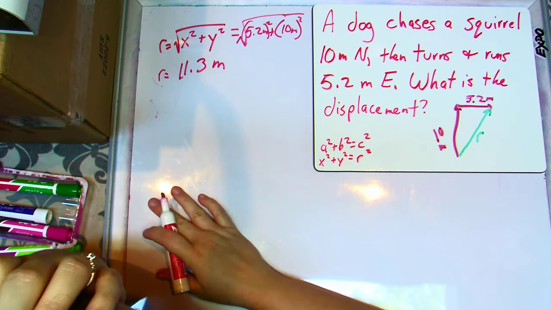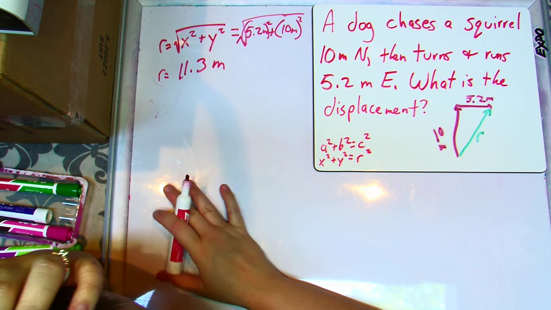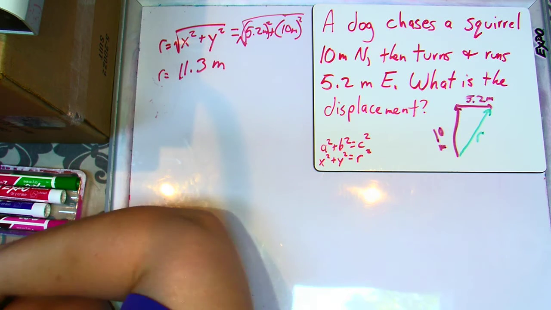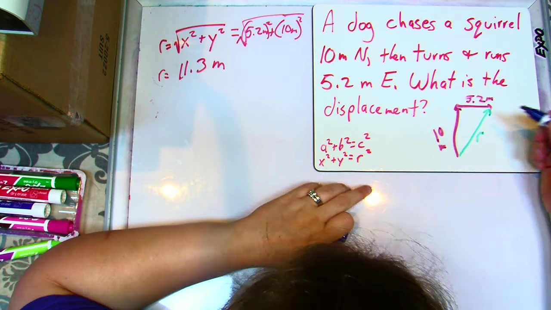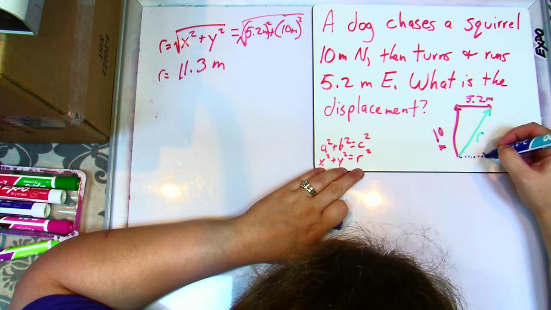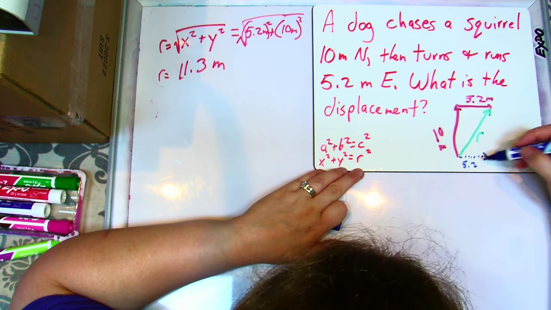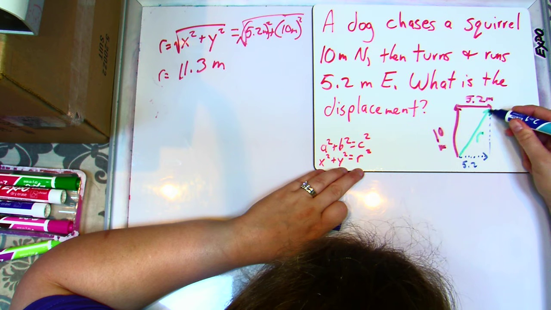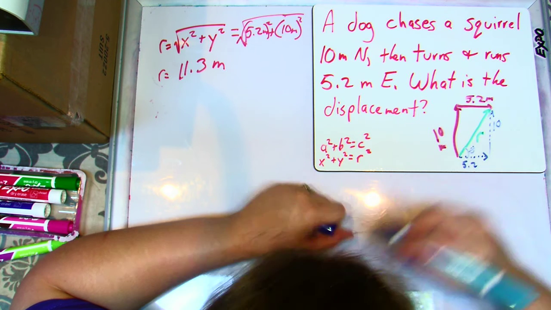Now don't forget, this is displacement. What does displacement require? It requires a direction. Now knowing how squares and rectangles work, we can also understand that those two sides should be the same, and those should be the same. So what we're going to do is we're going to find theta.